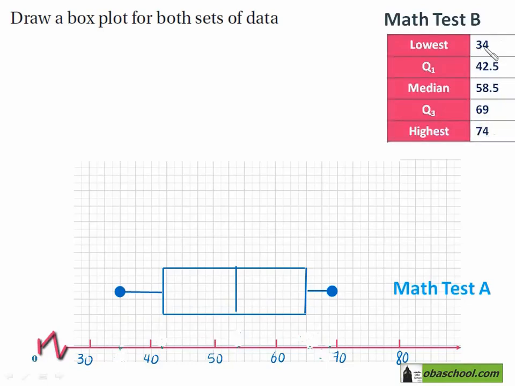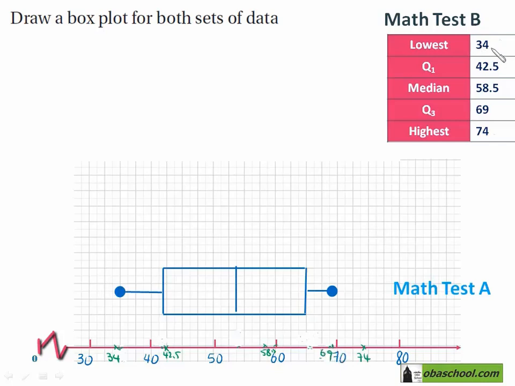We're going to do on the same graph the box plot for math test B. The lowest was at 34 and the highest was at 74. And so those will be the points representing lowest and highest. Q1 was at 42.5, median was at 58.5, and Q3 was at 69.